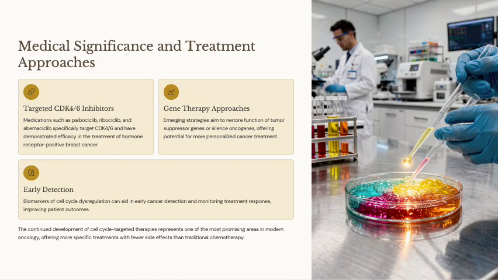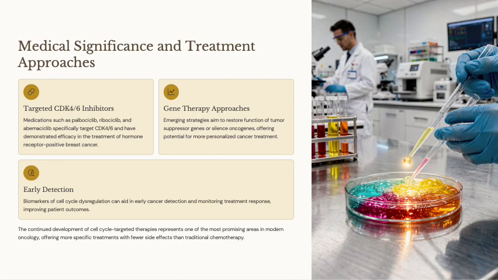Moving on, let's talk about the medical significance and treatment approaches. Advances in cell cycle research have led directly to new therapeutic strategies for cancer treatment. One of the most significant developments is the use of CDK inhibitors.